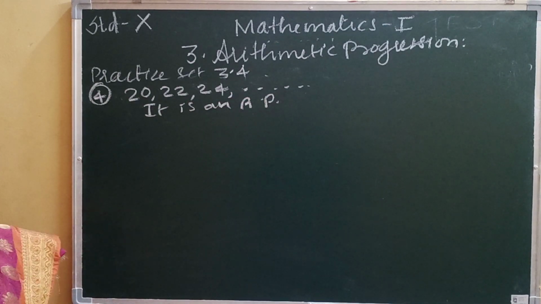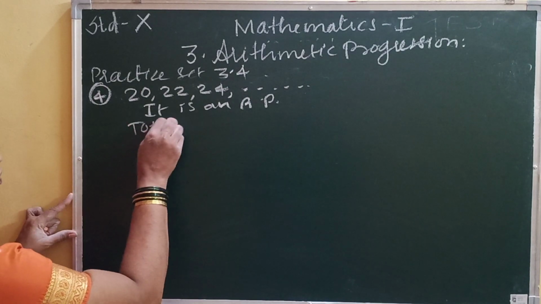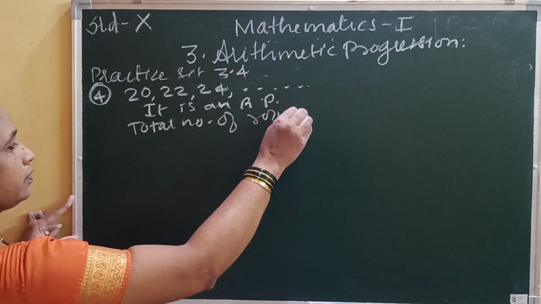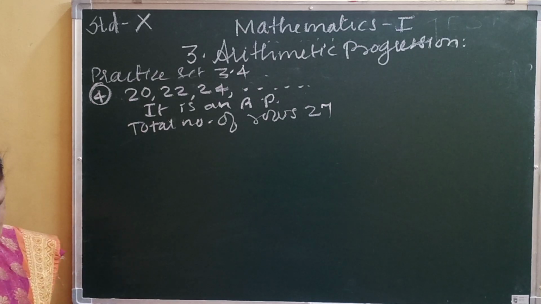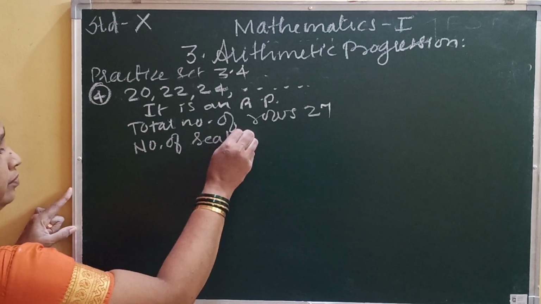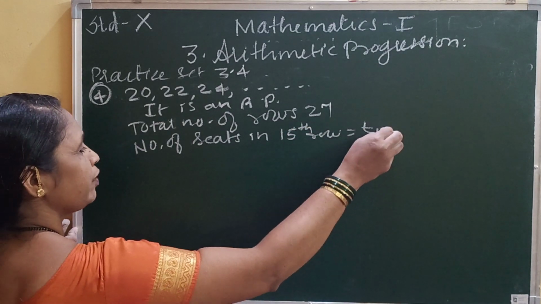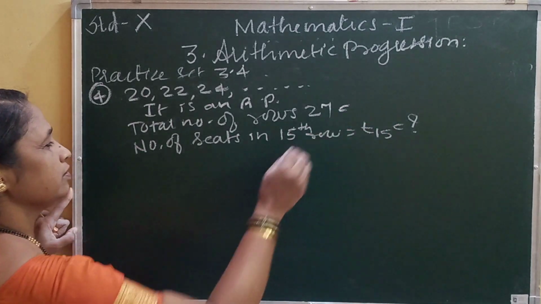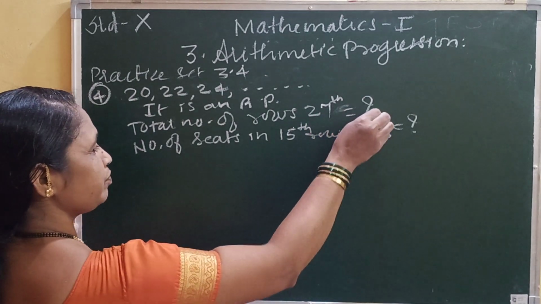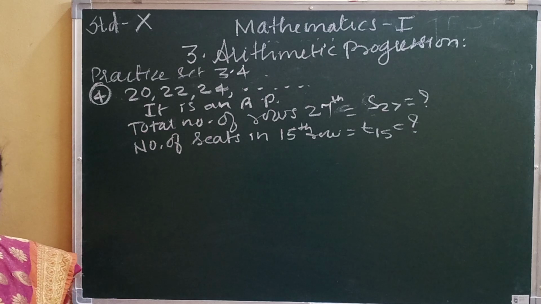The total number of rows is 27. We have to find the number of seats in the 15th row, that is T15. And we also have to find the sum, S27, the total number of seats.